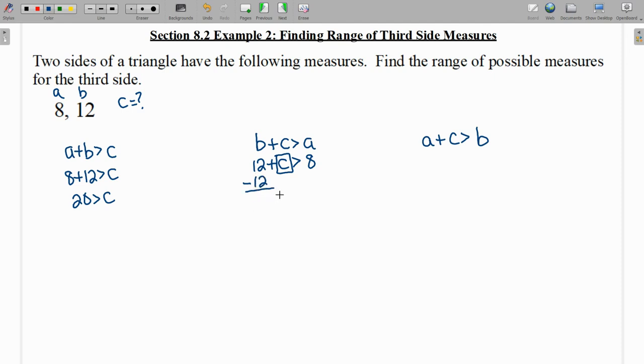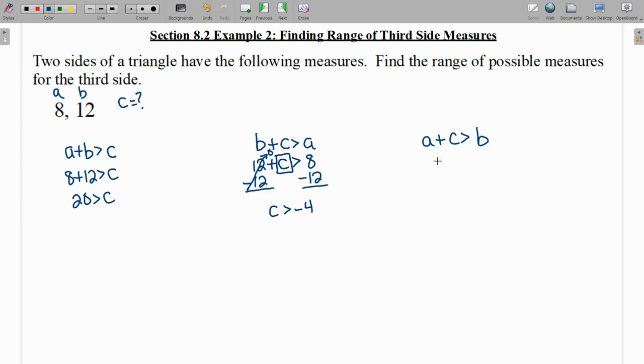What I do to one side of an inequality, I must do to the other, so I subtract 12 on the other side as well. On the left-hand side, my 12s cancel each other out, and I'm left with C being greater than 8 minus 12, which is negative 4. So the second part of this criteria says that my C values have to be greater than negative 4.